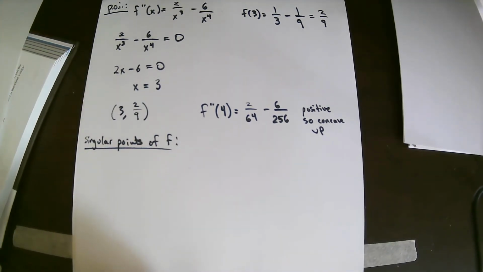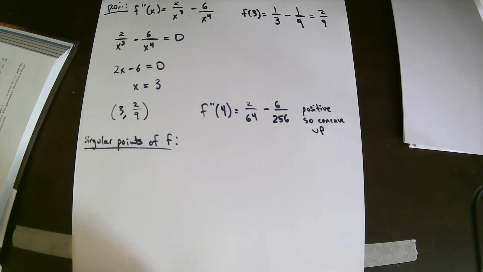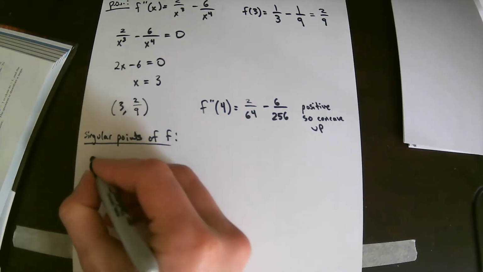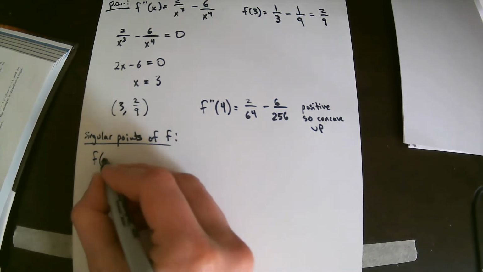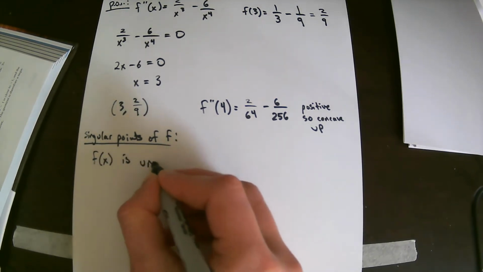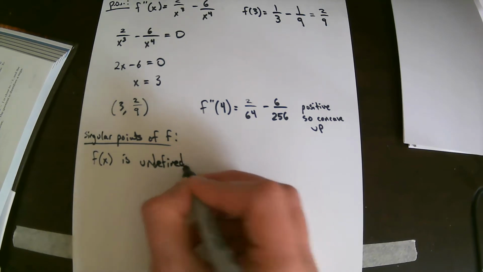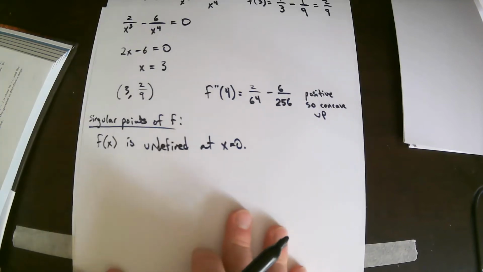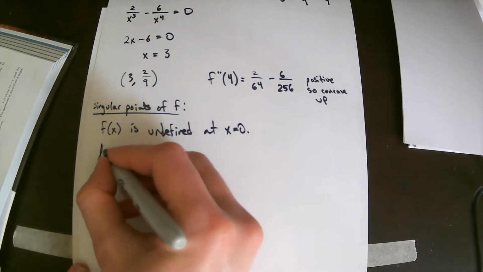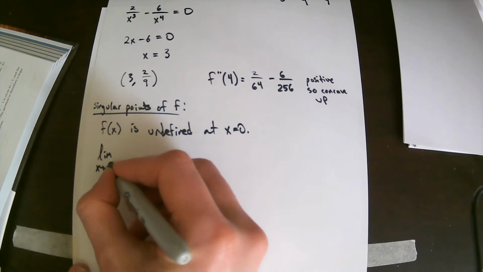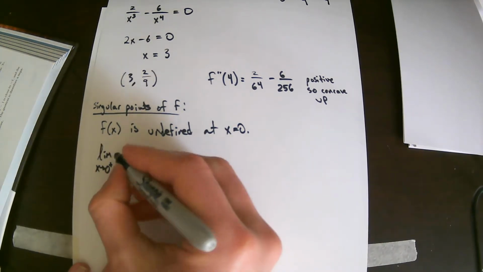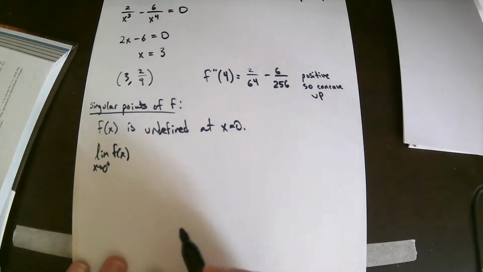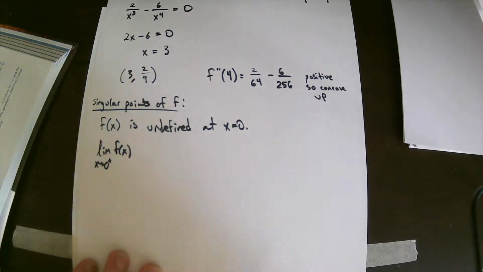Now we need to find the singular points of f. f is undefined at x equals 0. So we need to investigate the limit as x tends to 0 from the positive side, and the limit as x tends to 0 from the negative side as well.